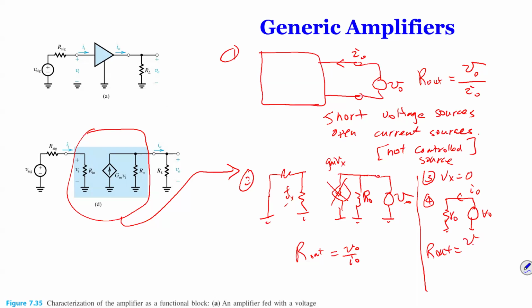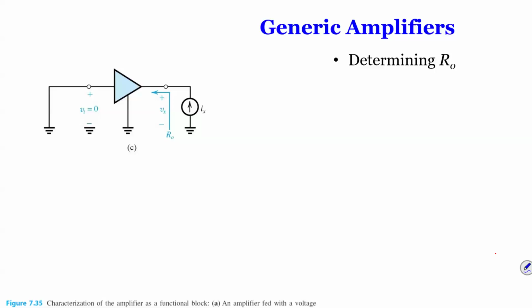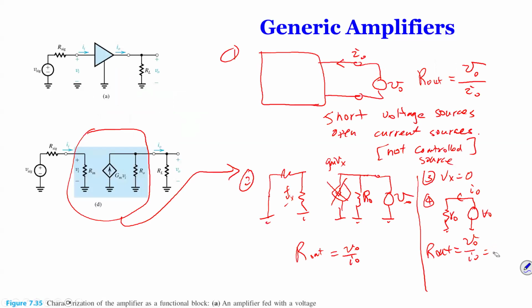You know it's VO over IO, it's going to be your RO. So we got that the output resistance is actually your RO over here. It becomes very simple.